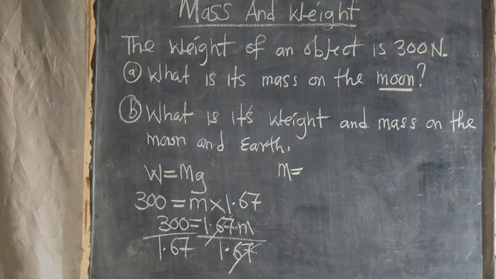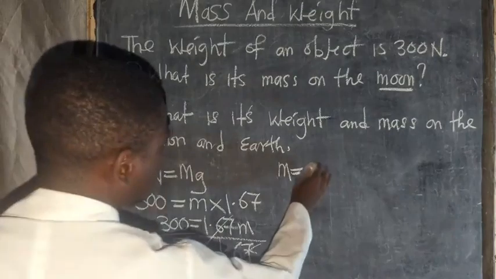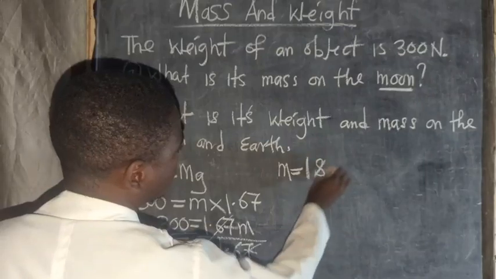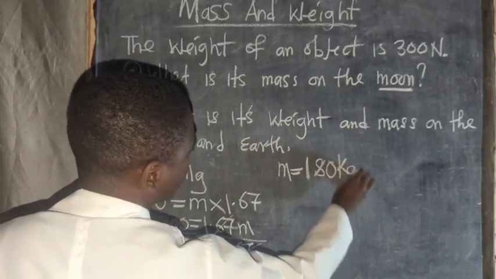300 divided by 1.67. What answer are you getting? What is your answer? So this is 180, right? Someone said 180. So we've got 180 kg.